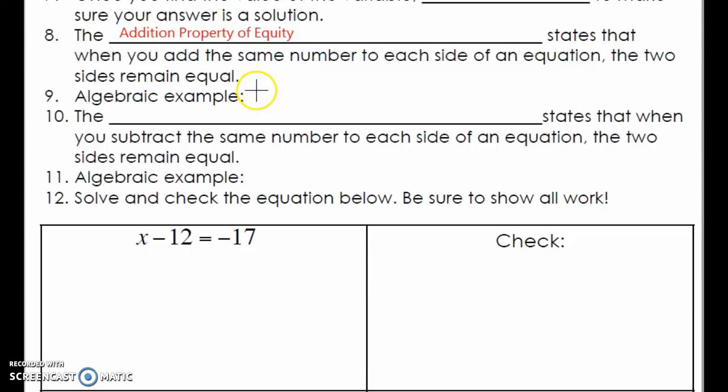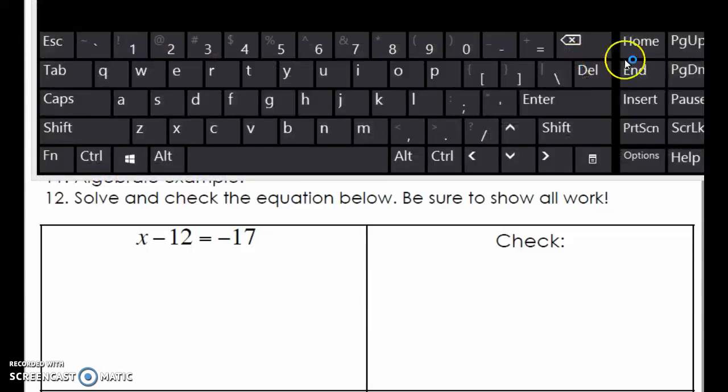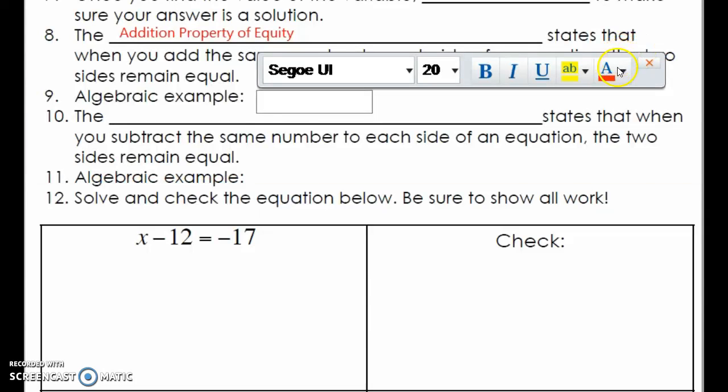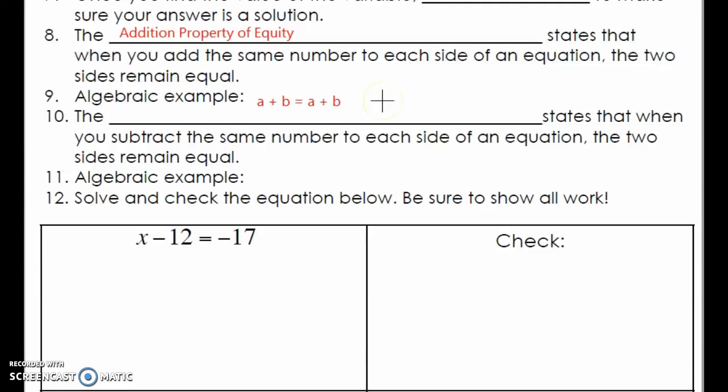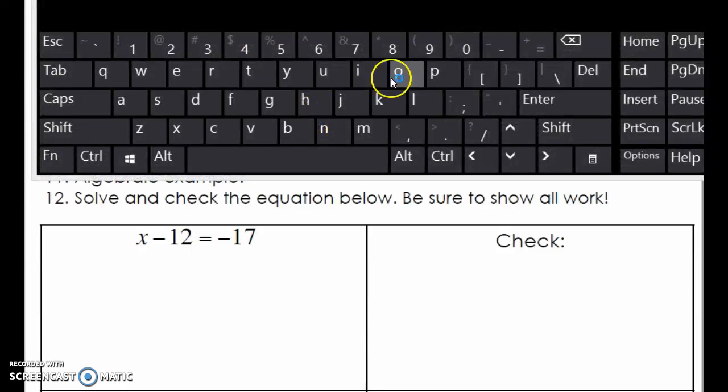So for example, A plus B equals A plus B. In other words, if I add something on the left side and I add it to the right, it remains equal on both sides.